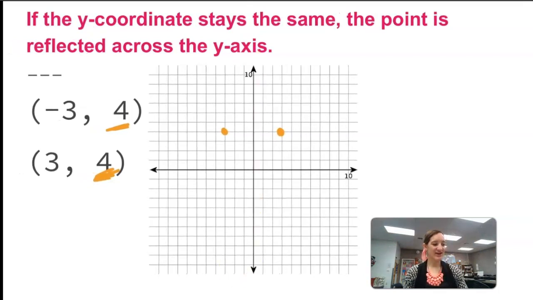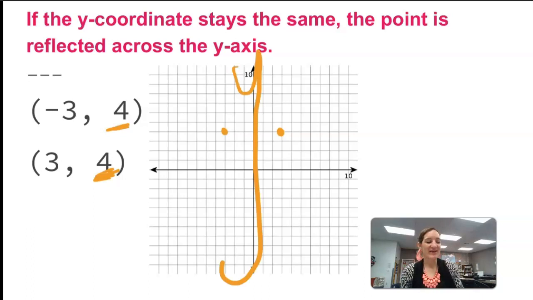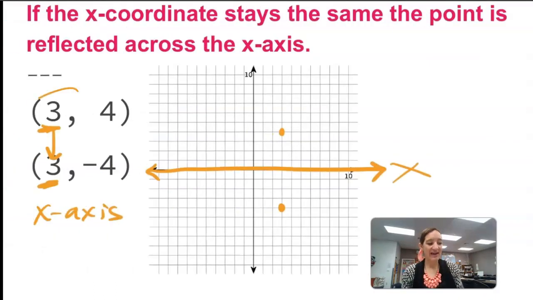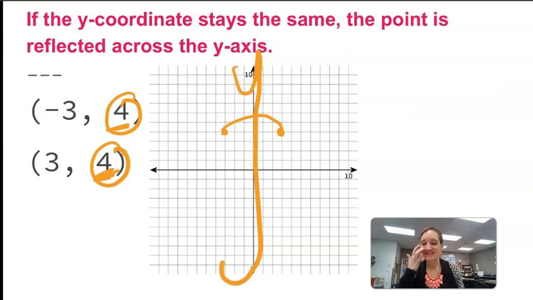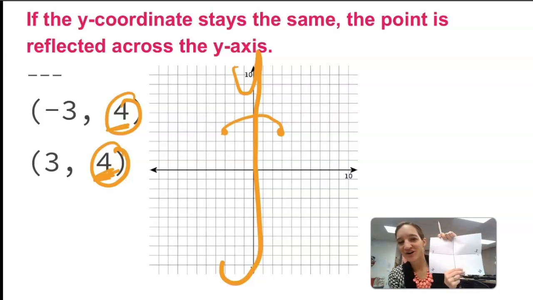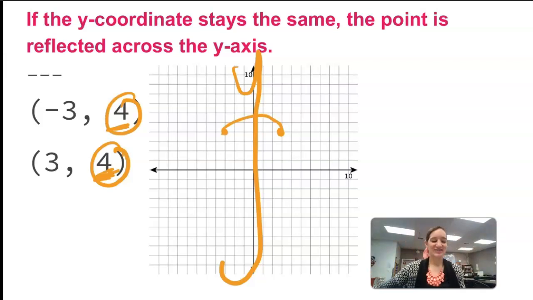They're reflections across the y-axis. So here's a quick thing you can remember. Again, if the y coordinate stays the same, they're reflected on the y-axis. If the x coordinates stayed the same, they're reflected across the x-axis. That's a quick way. If that doesn't stick with you, then just make your own little chart and do it yourself.